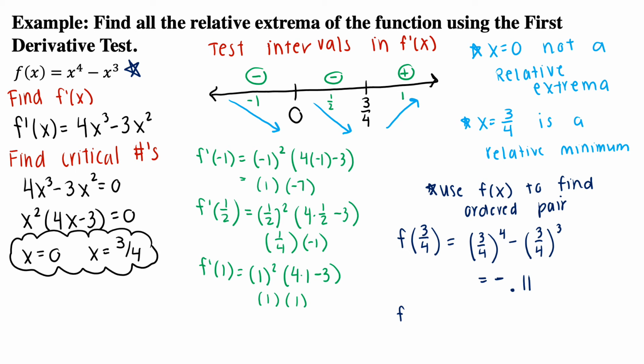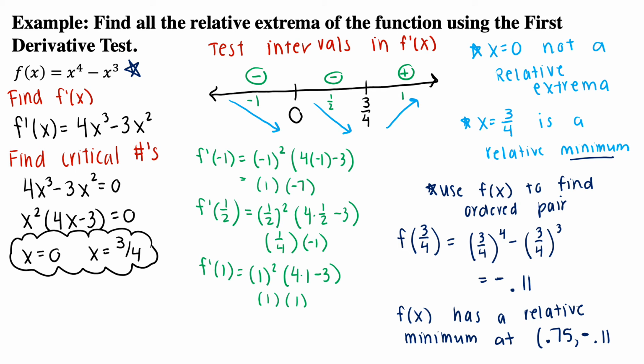So we would say our function f of x has a relative minimum at the point 3/4, which I'm going to write as 0.75, negative 0.11.